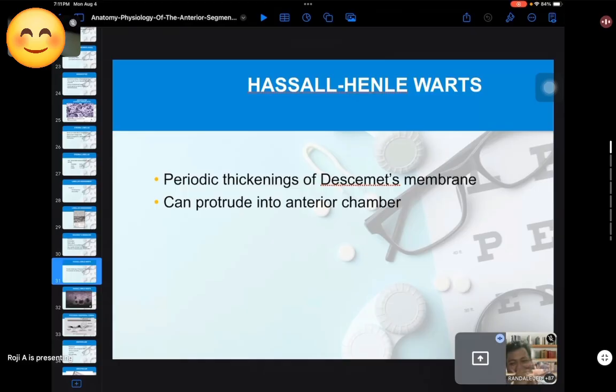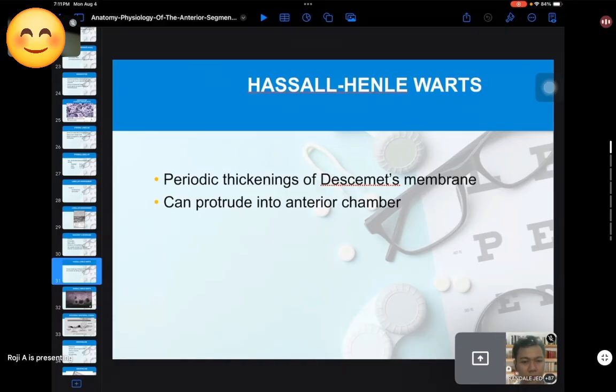Okay, you have the Hassall-Henle warts. Do you know what warts are? It's like excess skin that is protruding, right? So that's your warts. You would see other people would have it, and what they do is they go to a clinic to have it removed.